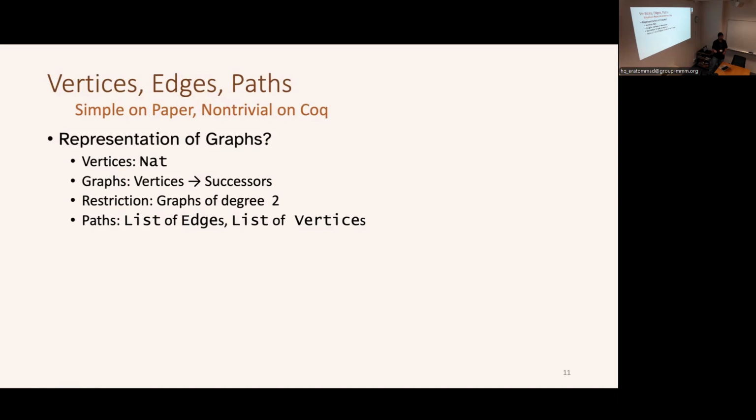This means the successor was an enumerated data type, saying either there are no successors, or one successor, or it's a choice node with two successors. And then the paths were either a list of edges or a list of vertices. And it was not clear to me which one is a better choice.